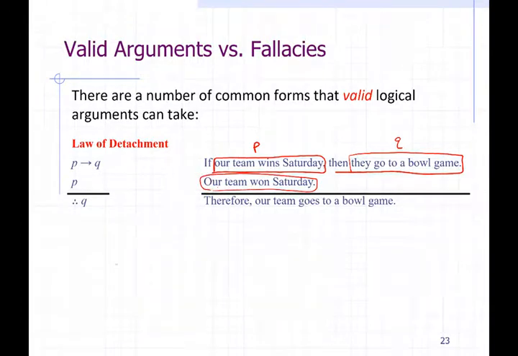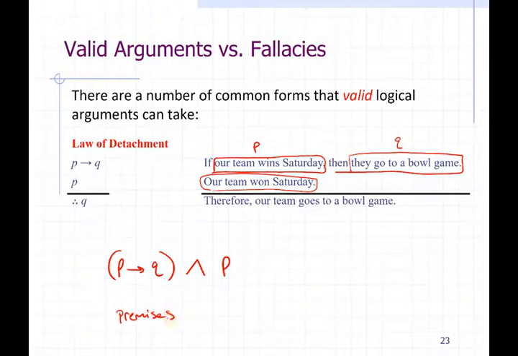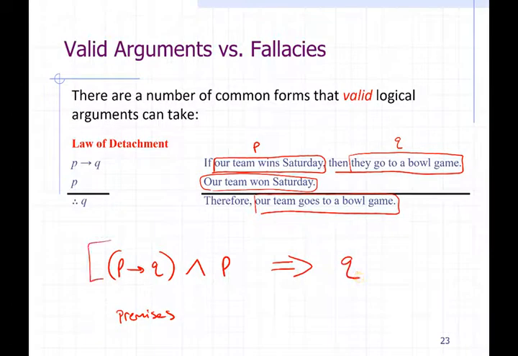So we have if P then Q, and P. Those are our premises. Then our team goes to a bowl game, which implies Q. Okay, so there's our law of detachment written symbolically.